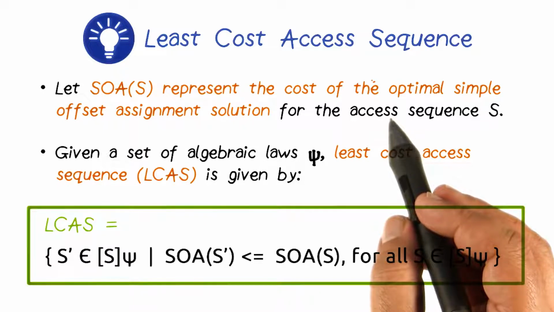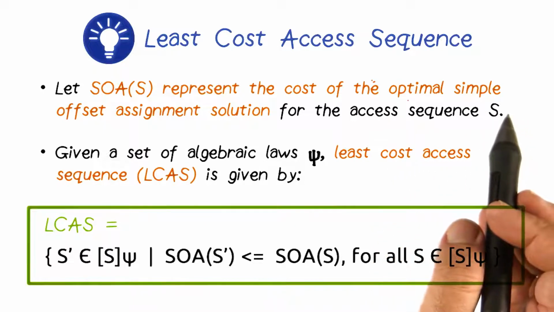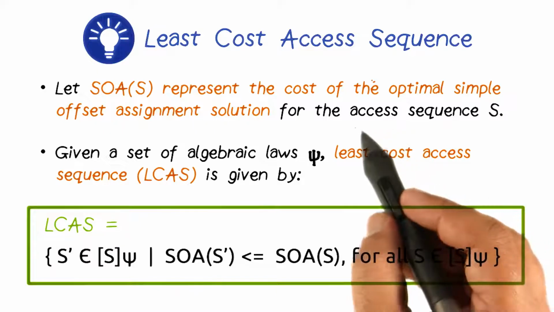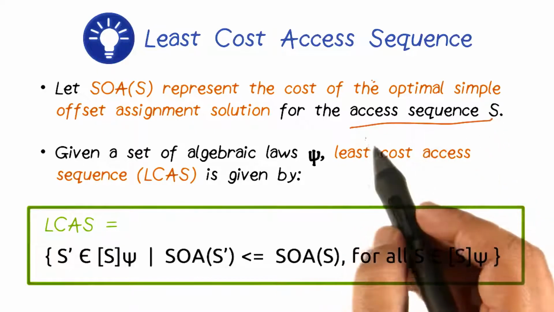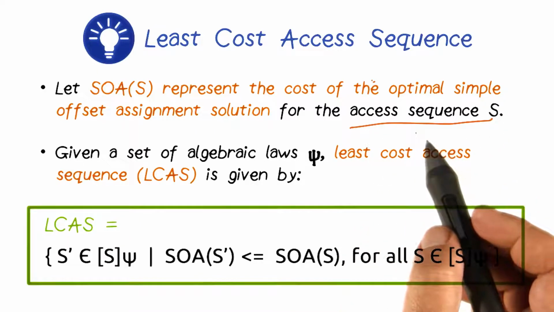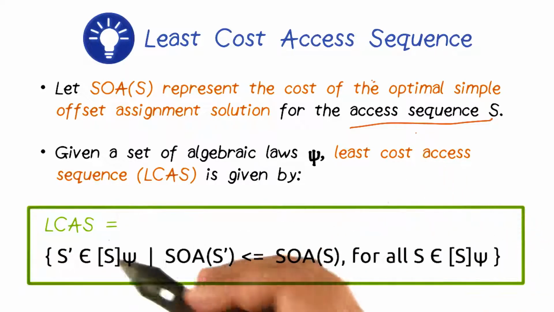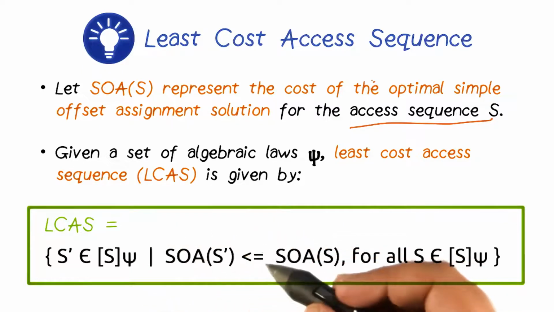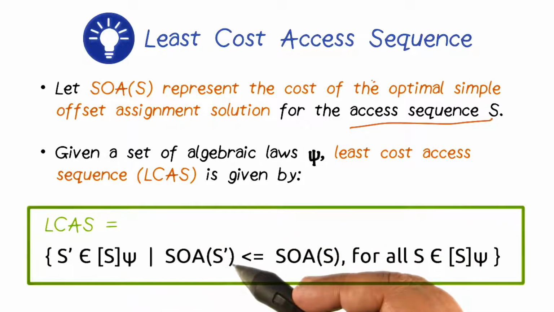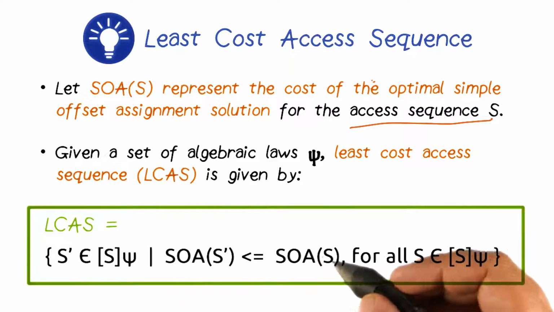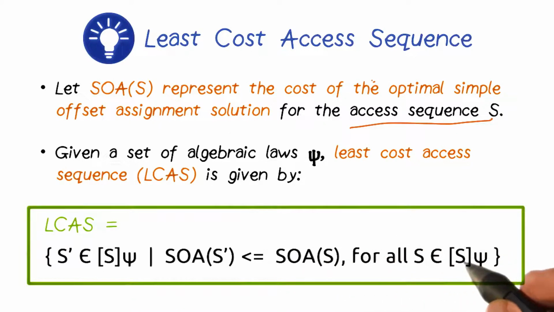Let SOA(S) represent the cost of the optimal simple offset assignment solution for an access sequence S. Given a set of algebraic laws, the least cost access sequence is therefore defined by S dash, which is one of the S's, such that the SOA cost of S dash is less than or equal to that of S for all S which are modified versions of S with regard to algebra psi.